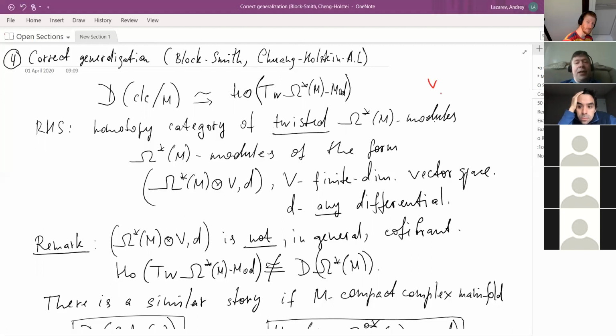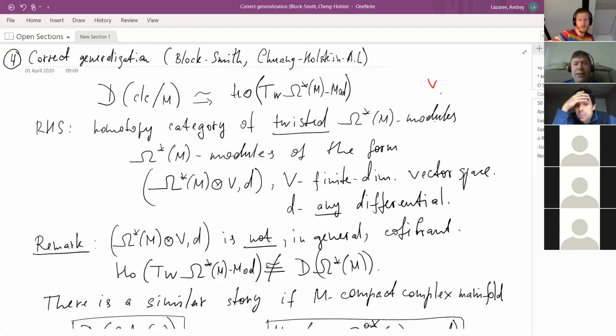Actually, let's forget about twisted modules for just a moment and recall how the derived category of a DGA is defined. We just consider cofibrant modules over a given DGA, and then we look at homotopy classes of maps. So that's how the derived category is formed.